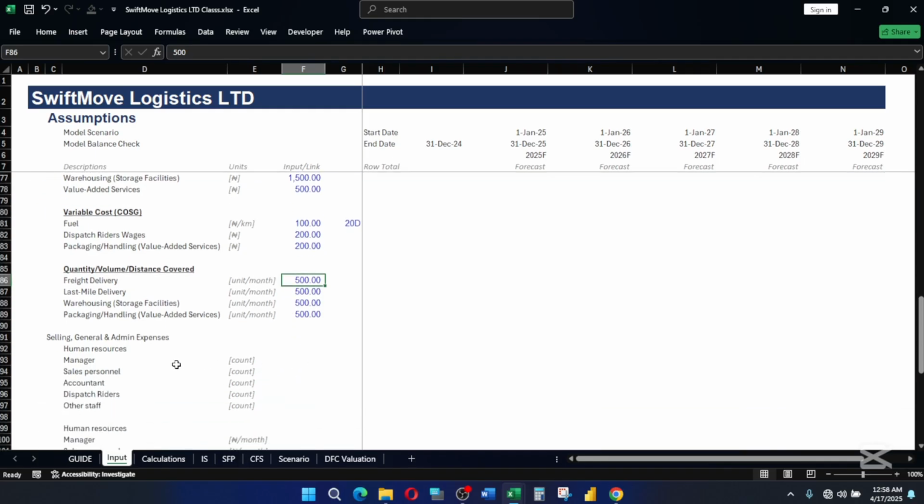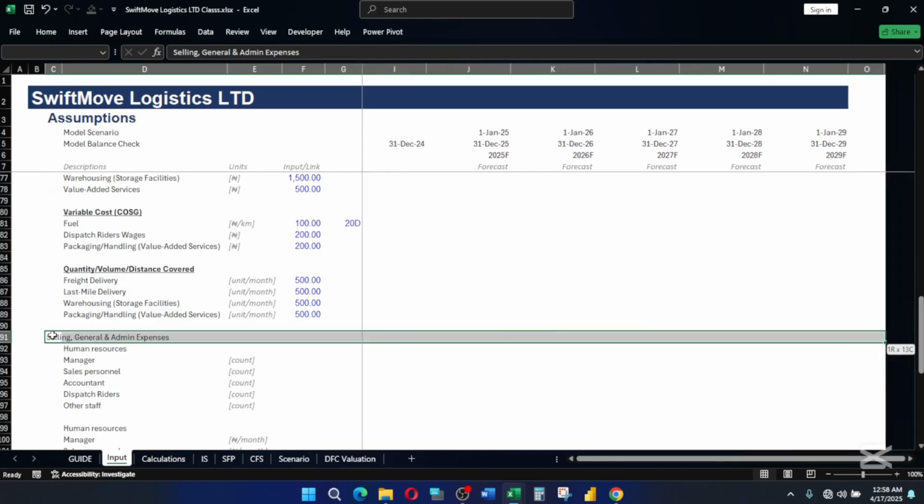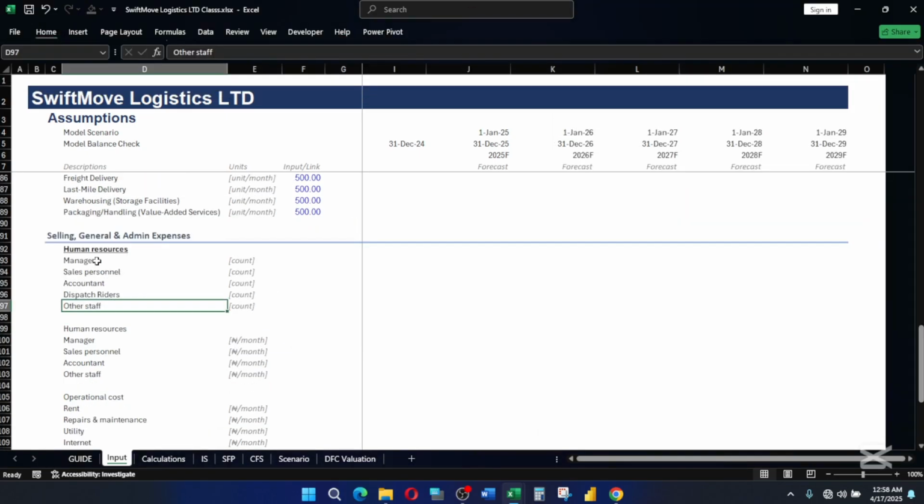Now, after that, we have our selling, general and admin expenses. This is heading 2. Now on the HR we have the manager, and under the manager we have the sales personnel, and we have the accountant, we have the dispatch rider. Now I included this dispatch rider here because I just want to show us something, right?